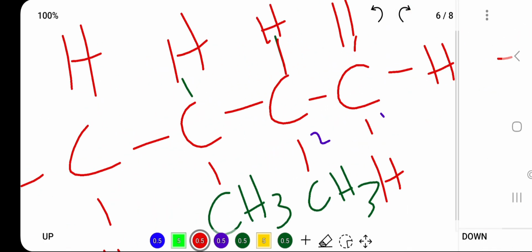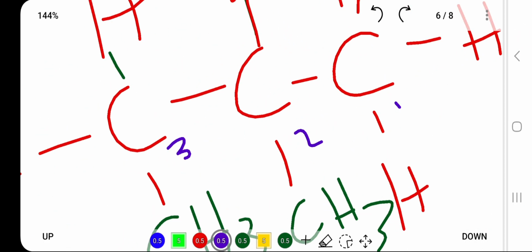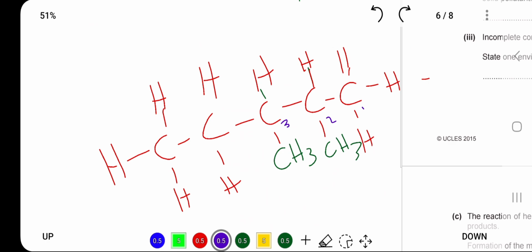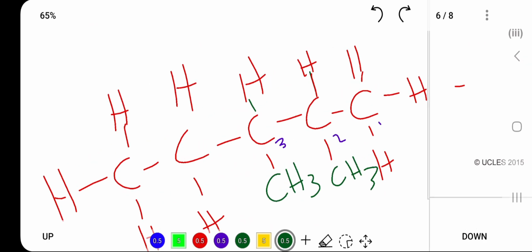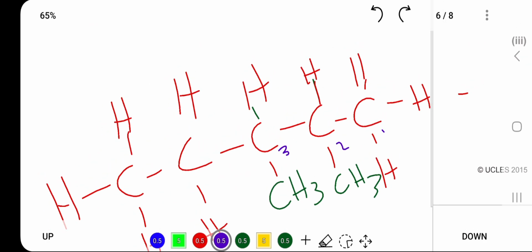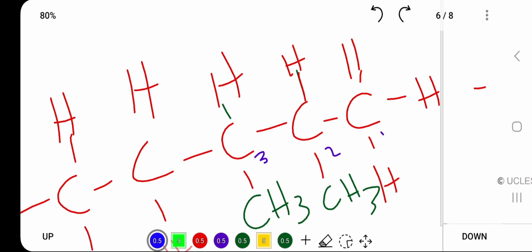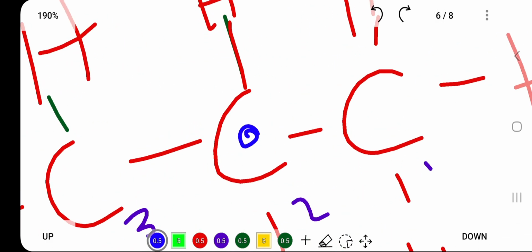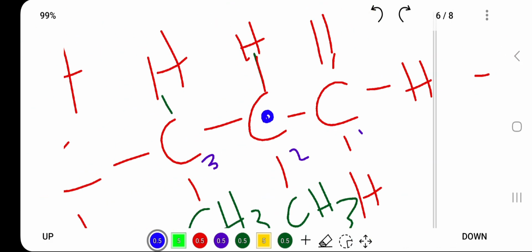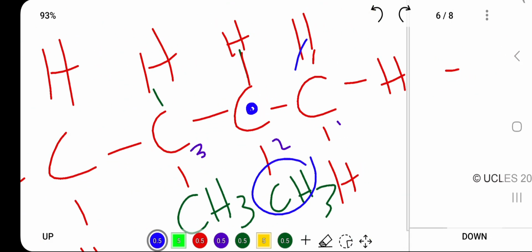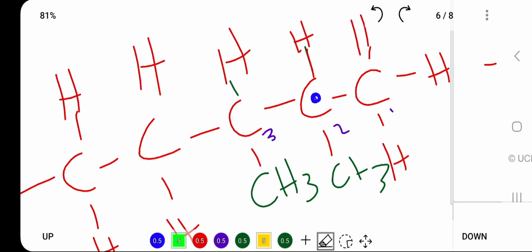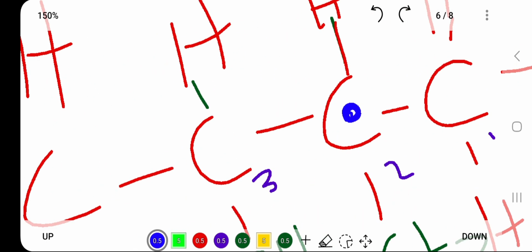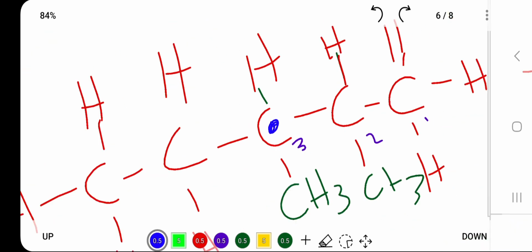Now let's check. Alright. Okay. So if you chose this as the chiral carbon, it's going to be wrong. Why? Because again, the CH3 is wrong, so it's not your chiral carbon. What if I chose this carbon instead? Let's see.